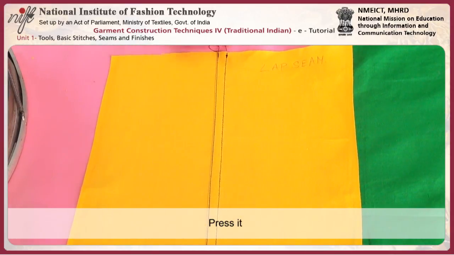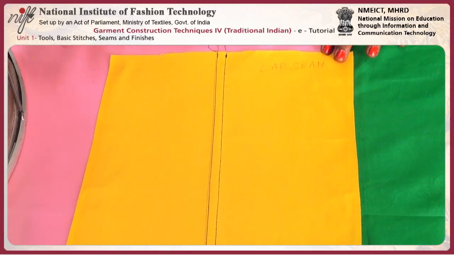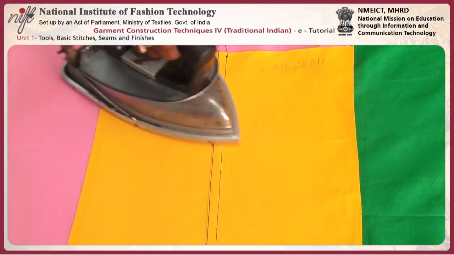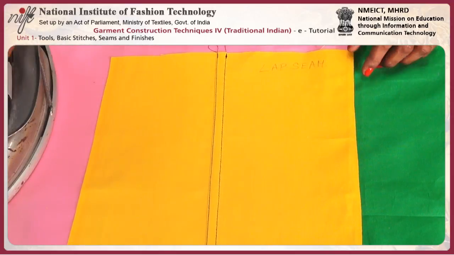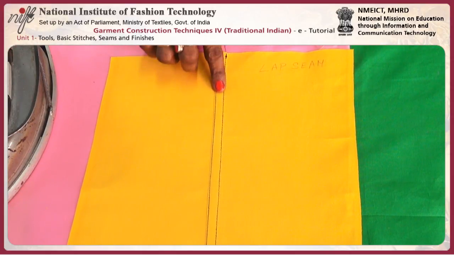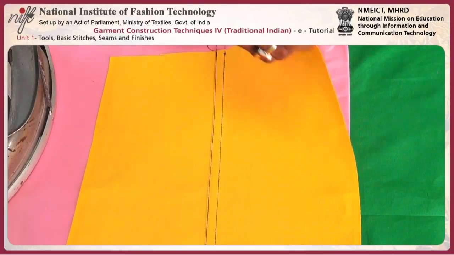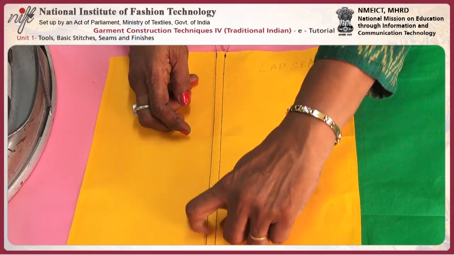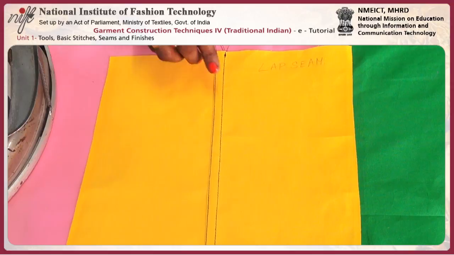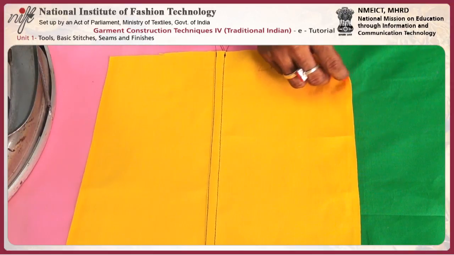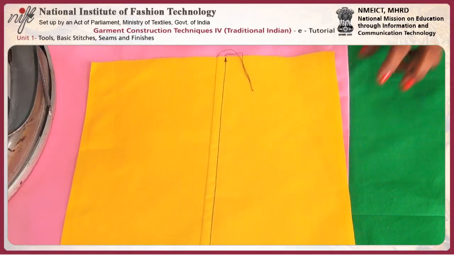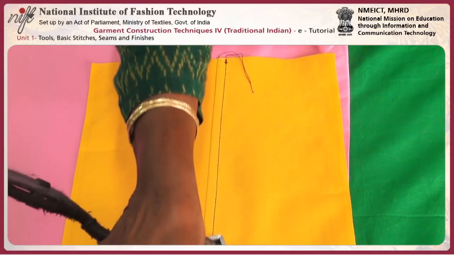You can keep this also as the right side and that also as the right side, but we have to prefix which you want to be the right side, because the seam has to happen as such, and the seams must be parallel to each other, and it has to be covered and fix the fold. It should not have skip stitch or run off stitches, and the right side should also be flat.